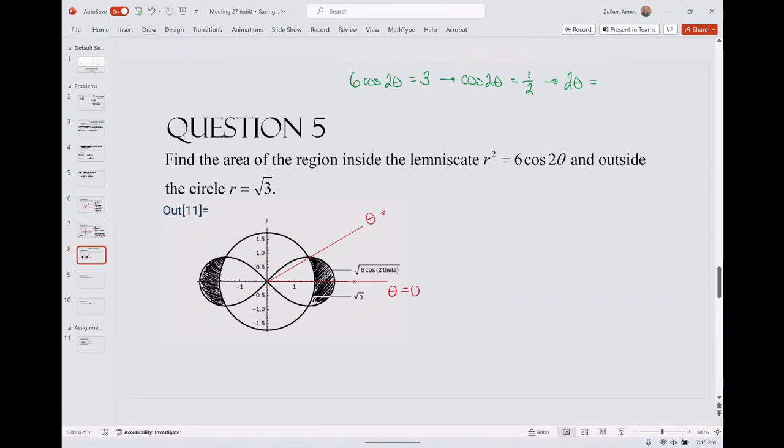At what angle in quadrant 1 is cosine equal to a half? Pi over 6, which is 30 degrees, which is what the ruler had.